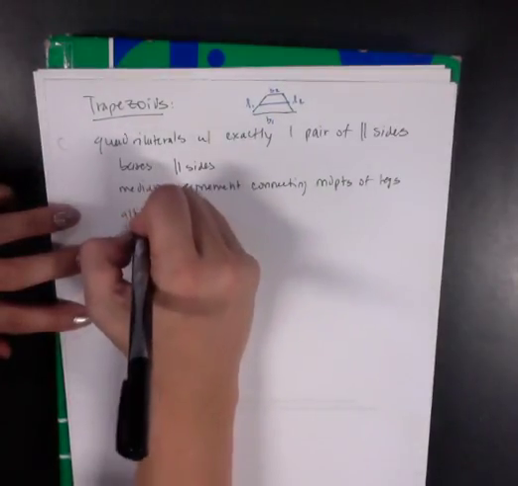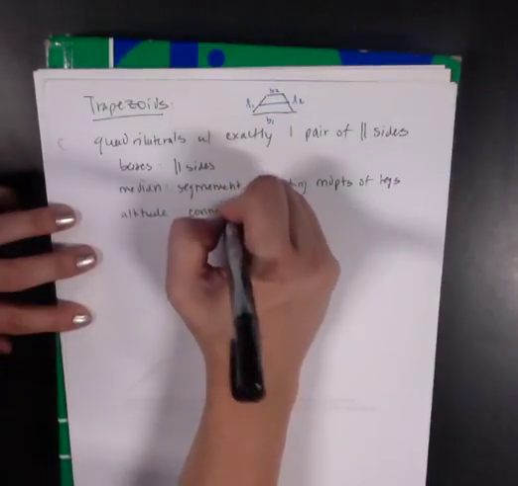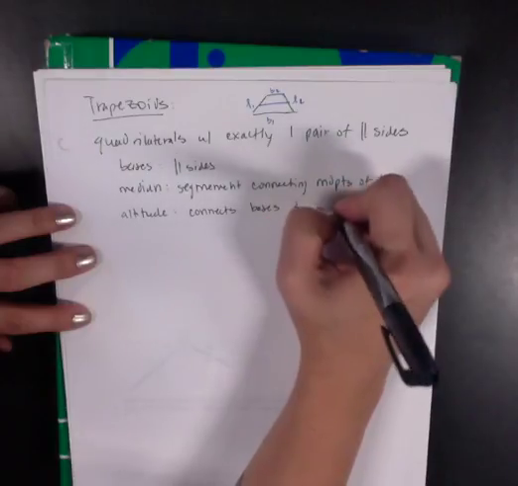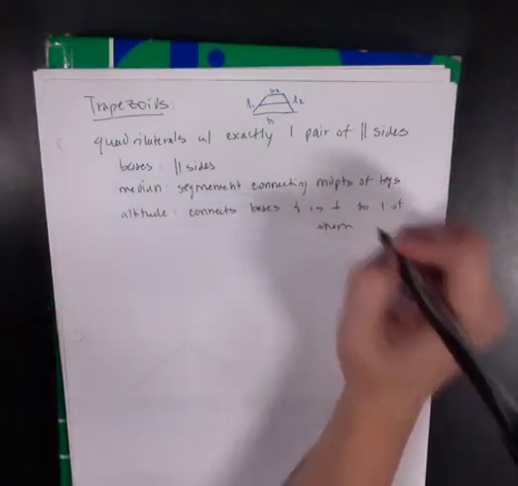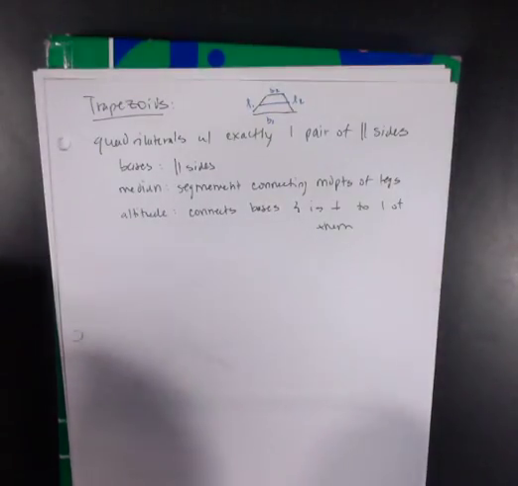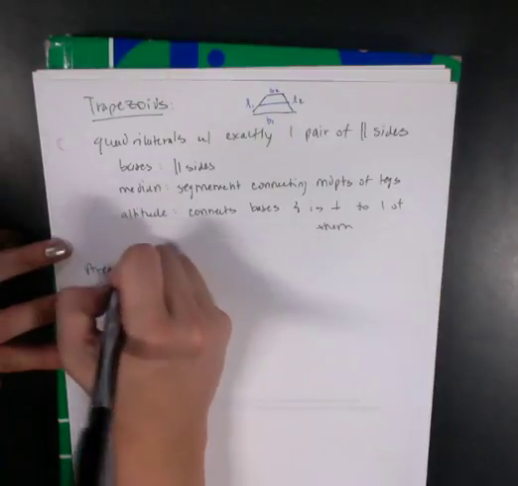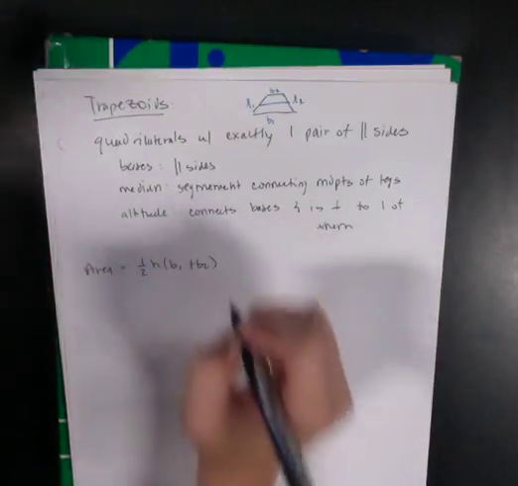And our altitude connects the bases and is perpendicular to one of them. Okay, now more properties of a trapezoid. The area is 1/2 the height times base 1 plus base 2.